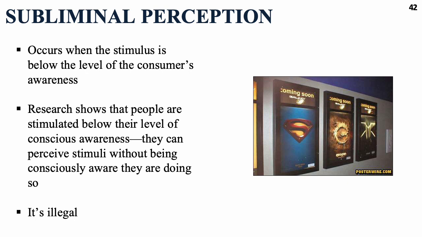Research shows that people are stimulated below their level of conscious awareness, so you can be affected by things that you aren't consciously aware of. It's a really interesting topic. The thing that we need to realize for this class, though, is that it is illegal. Subliminal advertising is illegal, and companies that do it will get in a lot of trouble, usually fines.